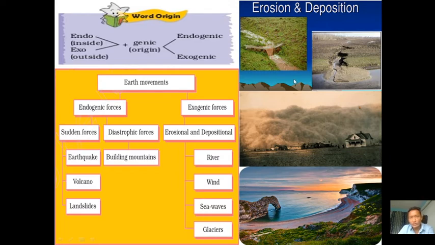If we study the image here, if we look at this particular stream, the color of this stream is muddy in nature. That means this stream is carrying lots of sand, silt, and mud from upstream to downstream.